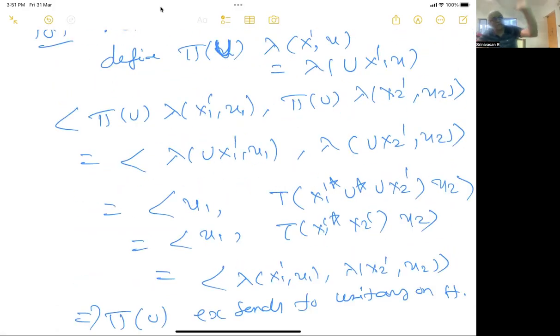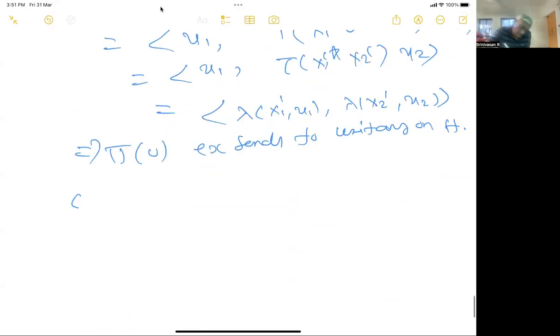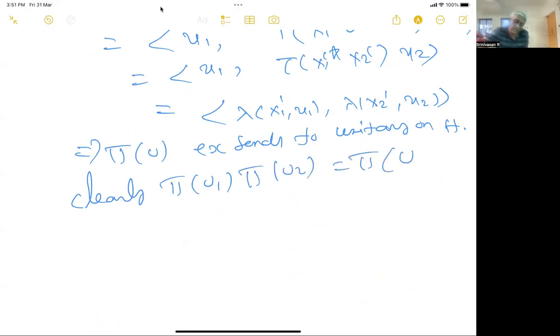You are just taking the u inside and multiplying x1 by u. So it's clear that pi of u1 applied with pi of u2 is the same as pi of u1 u2. Of course, they are unitary, they form a group. It's well defined for unitaries. So this is true for all u1 and u2.